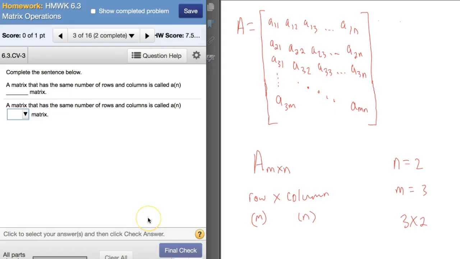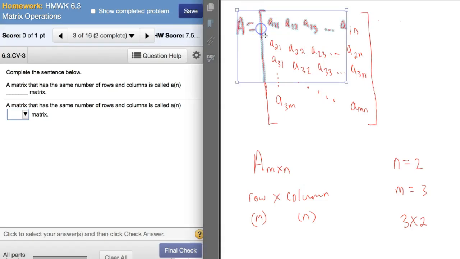Our next question says a matrix that has the same number of rows and columns is called a certain type of matrix. Here, we know that those are called square matrices. I'll go ahead and give you an example of why. I'll erase all of this.